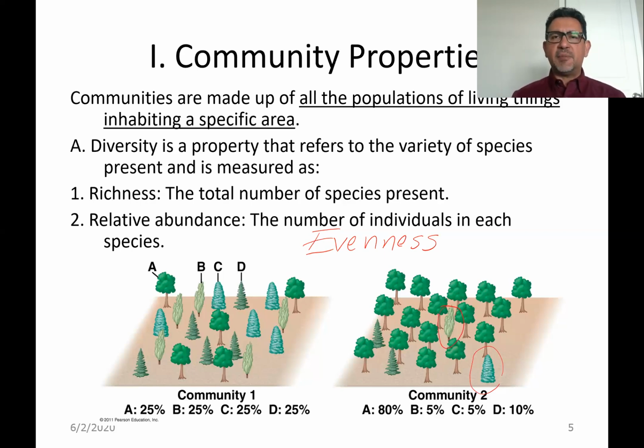Now, why does this matter? It matters a great deal because on Earth, things are changing all the time, and certainly within communities, there are going to be changes. Think, for example, about a situation where there's a bad beetle, and you've heard the news recently in ecology about how insects can be very destructive to a forest.